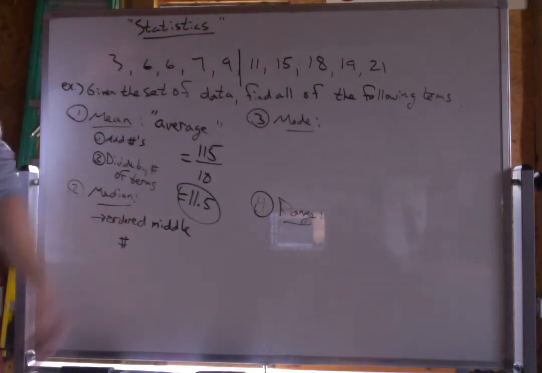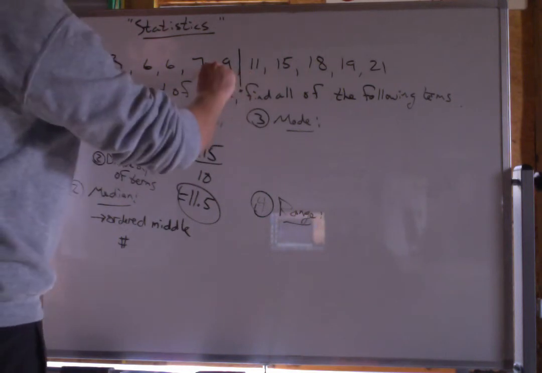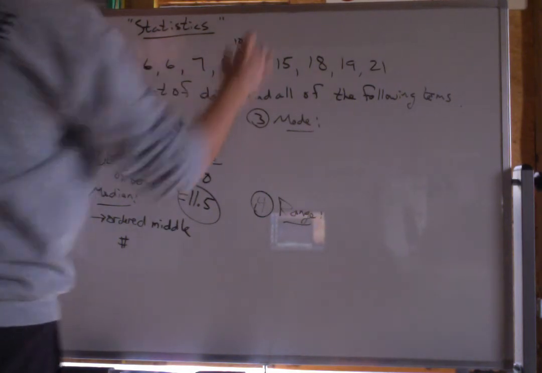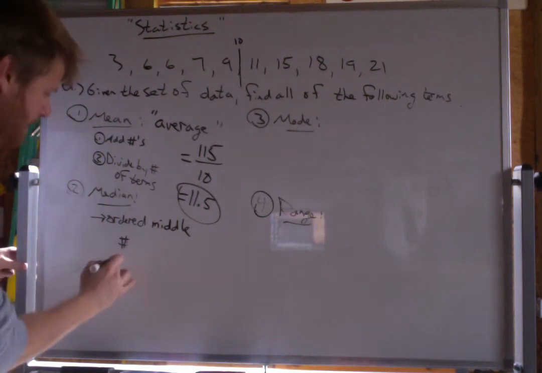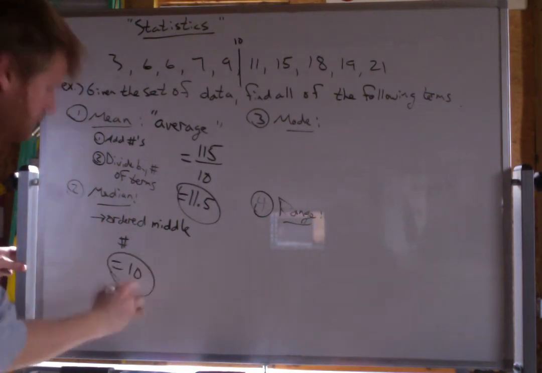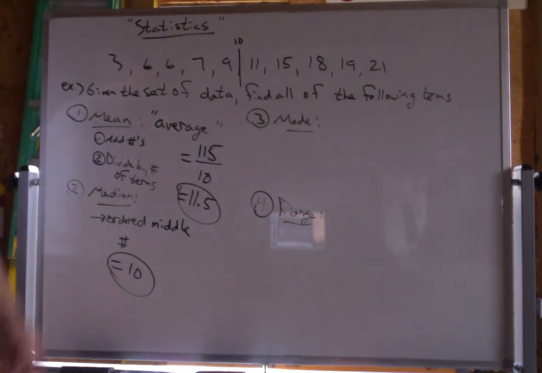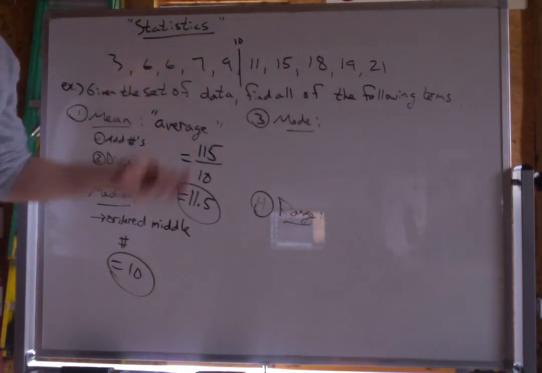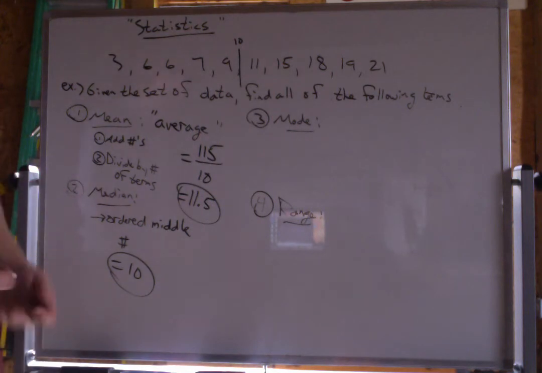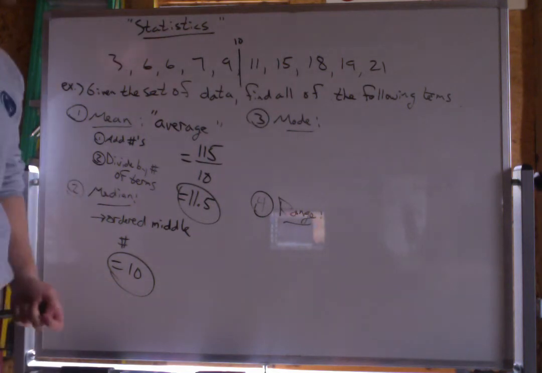Halfway between the numbers 9 and 11 is going to be 10. So my median is equal to 10. Hopefully a pretty straightforward calculation. If there were an odd number of numbers, it would be even easier. It would just be the very middle of those numbers, and that one would actually fall on the list.